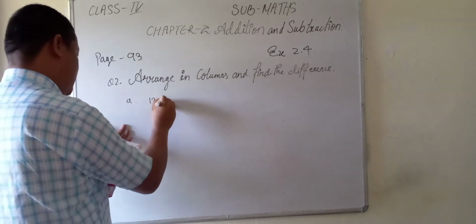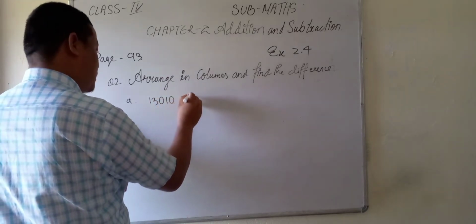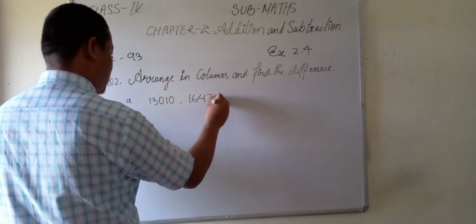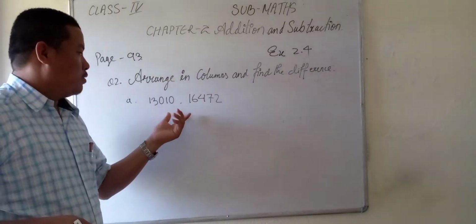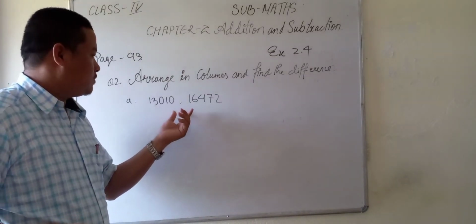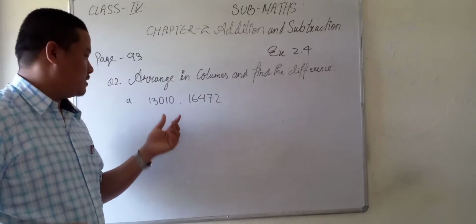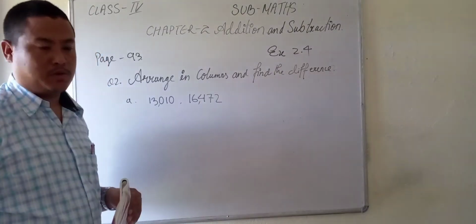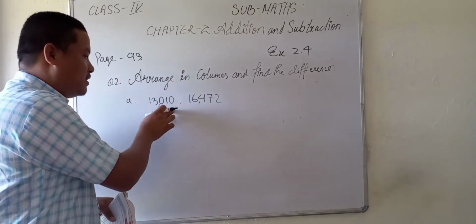13,010 and 16,472. Look, we always minus from bigger to small. Okay, from these two numbers, which number is bigger? 13,010 or 16,472? Yes, 16,472 is bigger than 13,010.